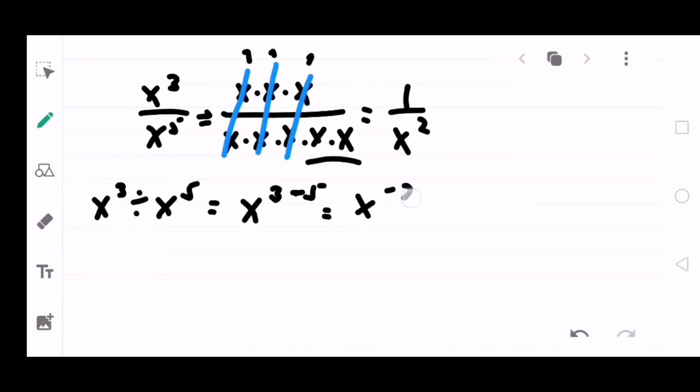negative 2. Now, try to observe the answers that we obtained a while ago. How can we relate 1 over x squared and x raised to negative 2?